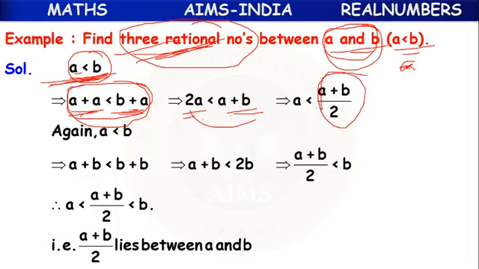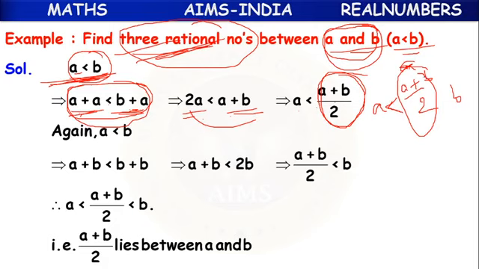This means a plus b by 2 will be to the right of a. It is greater than a, or a is less than a plus b by 2.